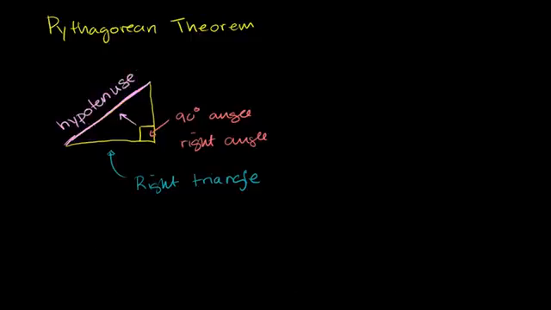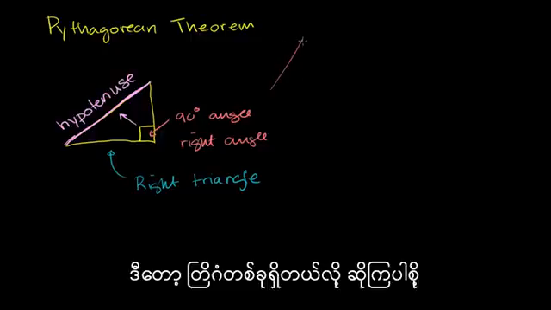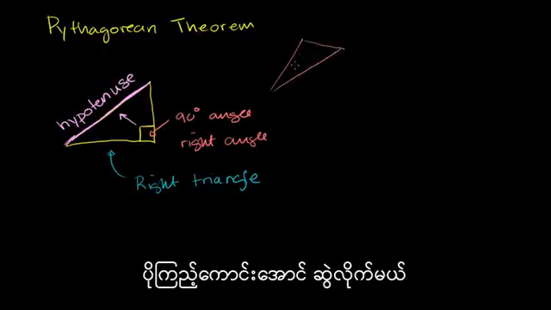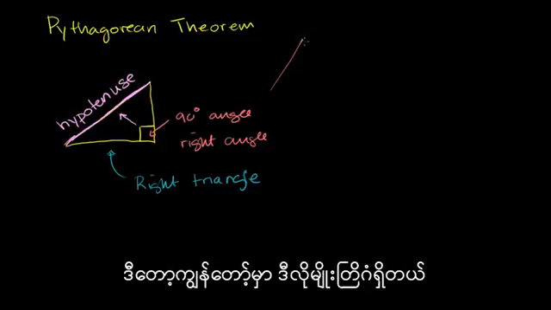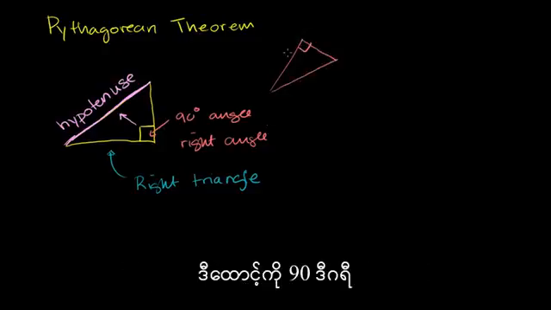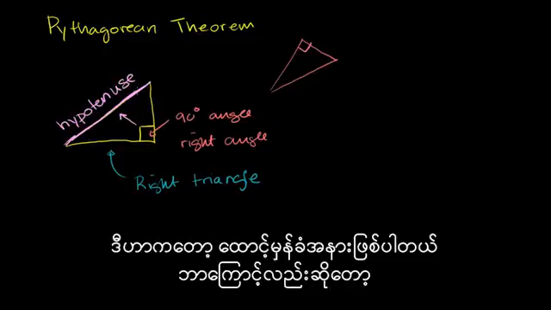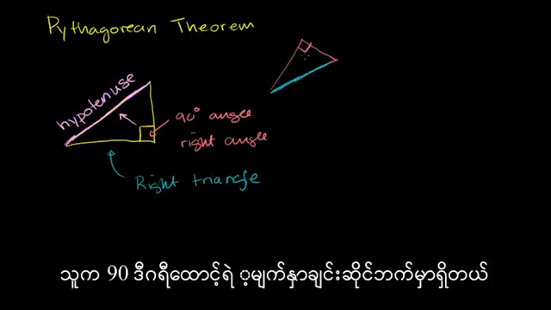And just so we always are good at identifying the hypotenuse, let me draw a couple more right triangles. Let's say I have a triangle that looks like that. And I were to tell you that this angle right here is 90 degrees. In this situation, this is the hypotenuse because it is opposite the 90 degree angle.